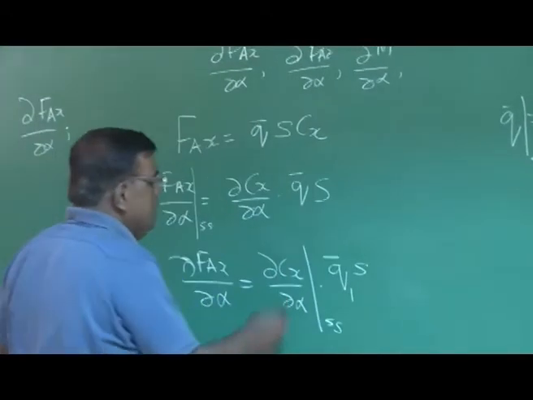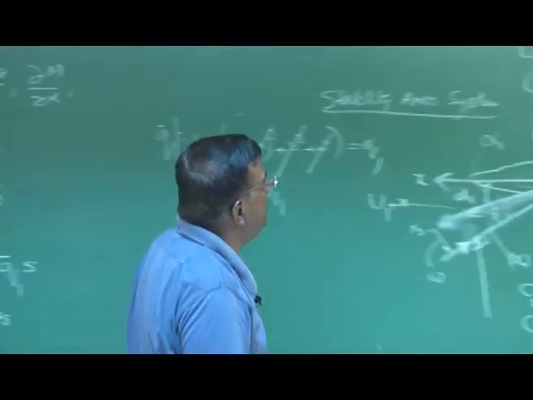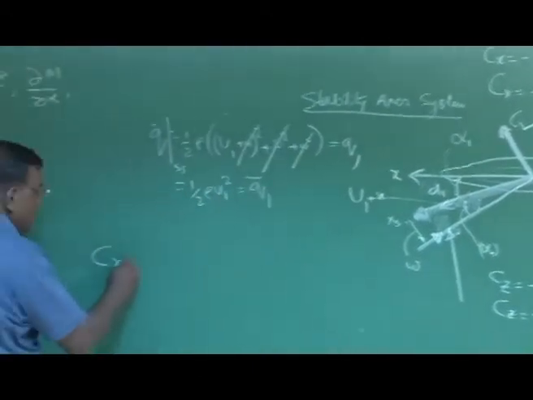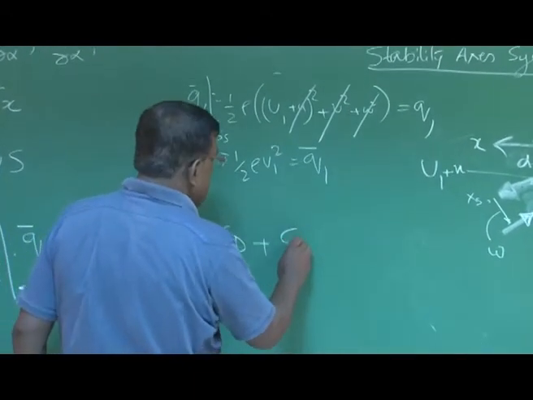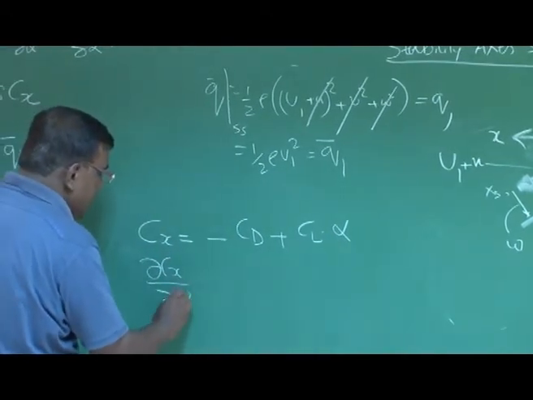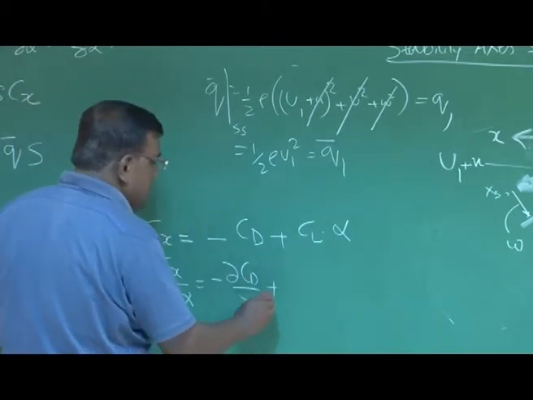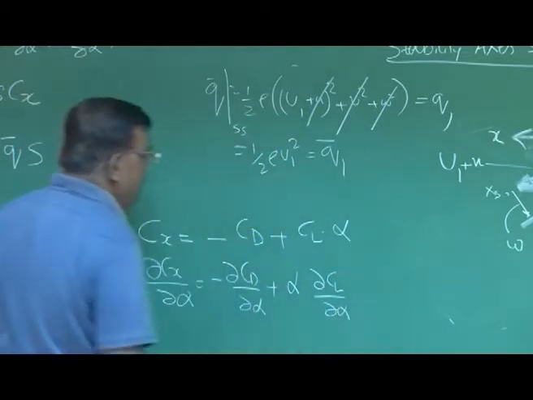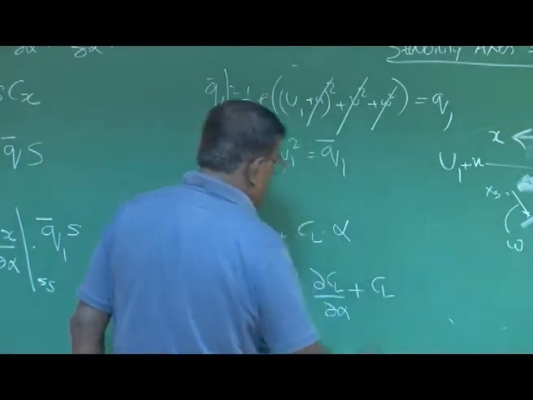So we need to find out what is dCx by d alpha. So what we will do, we will use this expression. What we know, Cx is equal to minus Cd plus Cl into alpha. So dCx by d alpha will be minus dCd by d alpha plus alpha into dCl by d alpha plus Cl.